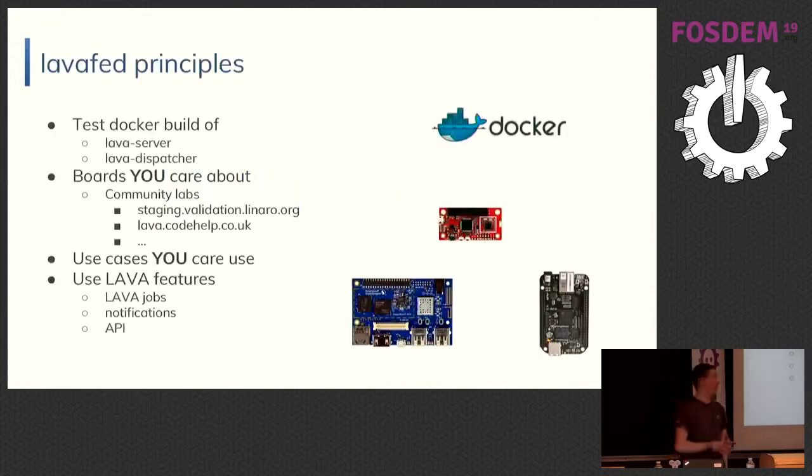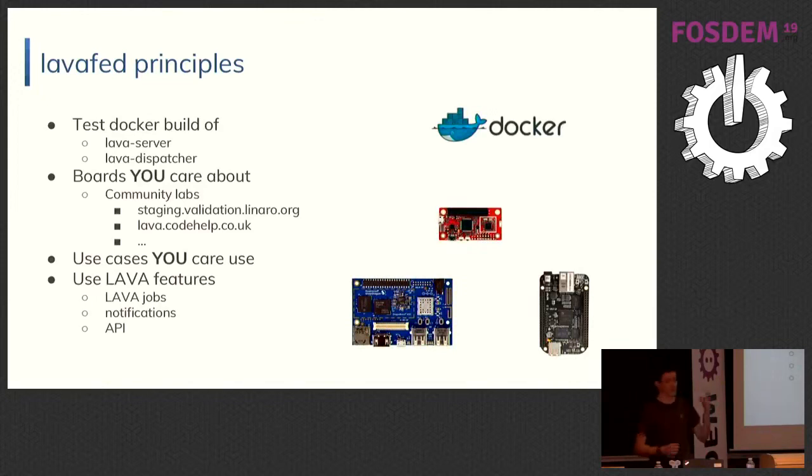The goal of LavaFed is to prove to people from the community that the next version of Lava will still work the same way it was working before for them. So the goal is to take the Docker build that we do for every commit. Every time someone pushes a commit on Lava, we'll build two Docker containers, one for the Lava server and one for the Lava dispatcher.